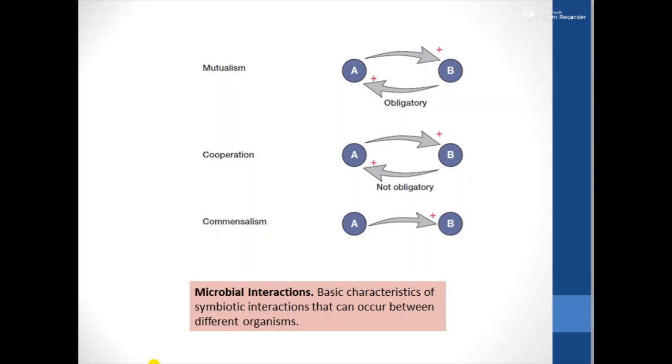At the same time, there are certain interactions which are obligatory. That is, it is a must that such an interaction should be present. Without such an interaction, the integrity of the community as well as the ecological sustenance of that particular organism would not be possible.